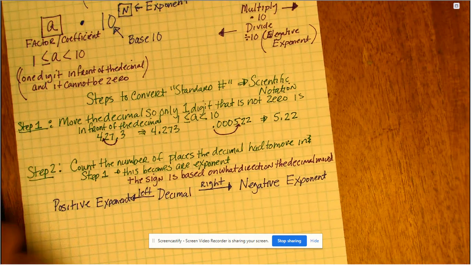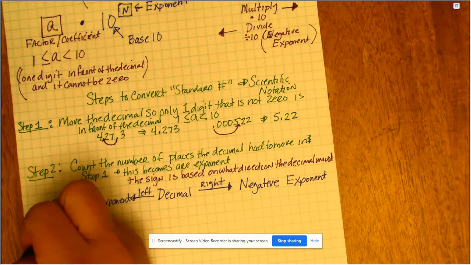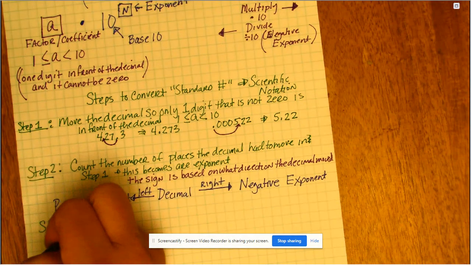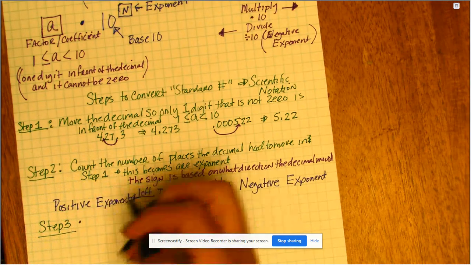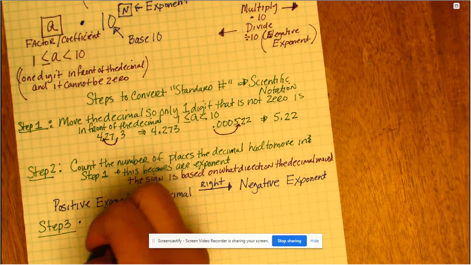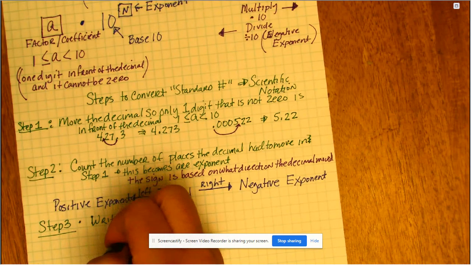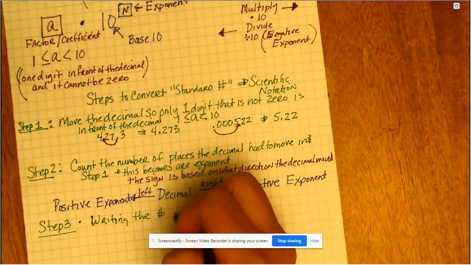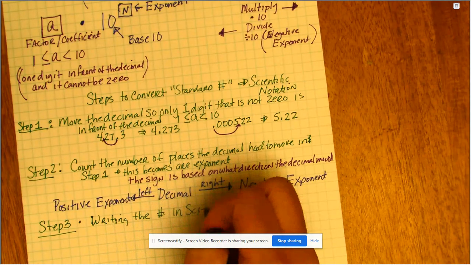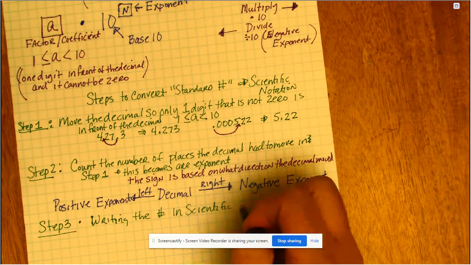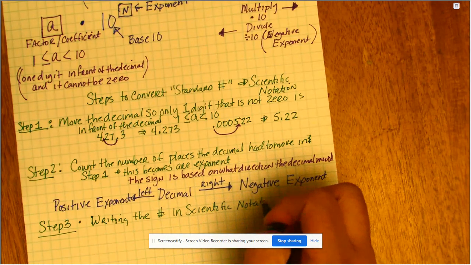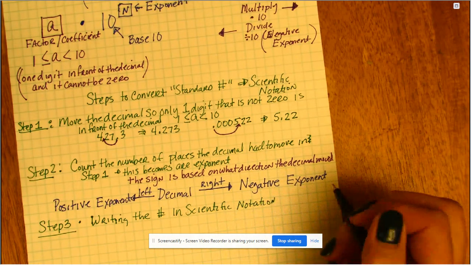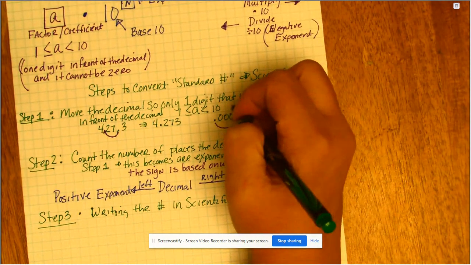So then the third step is combining, or writing the number in scientific notation. Let's put this up there, up here too.